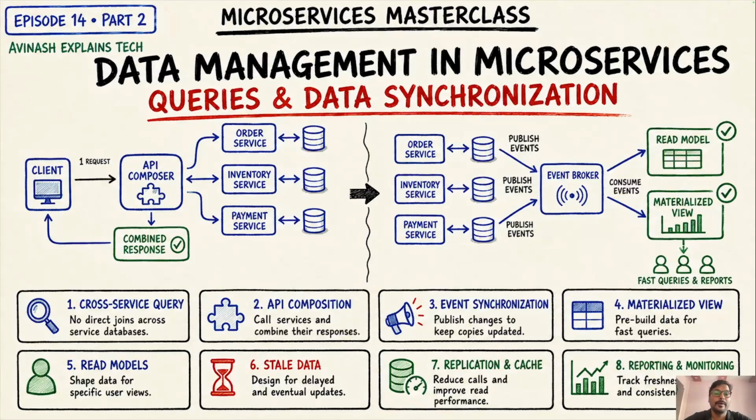Materialized view. A materialized view is a pre-built representation of data collected from multiple services. Instead of joining information every time a request arrives, we prepare the combined data in advance.